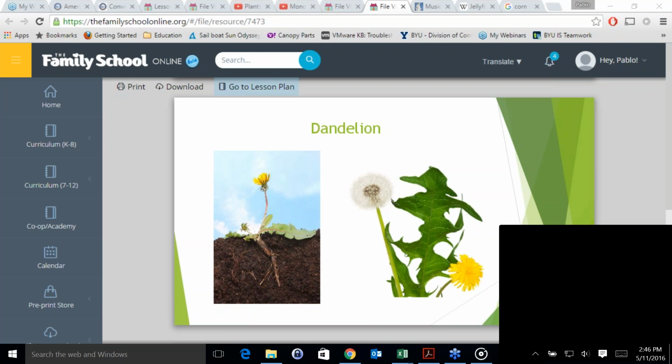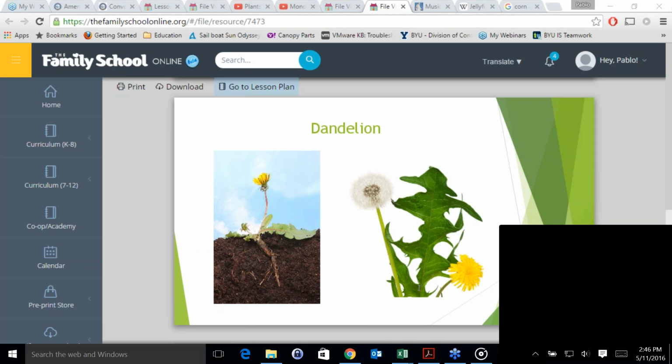Let's see. Okay. So what do we see? Yeah, I think so. So you see that the venation is not parallel. You have the main vein and then the other ones.